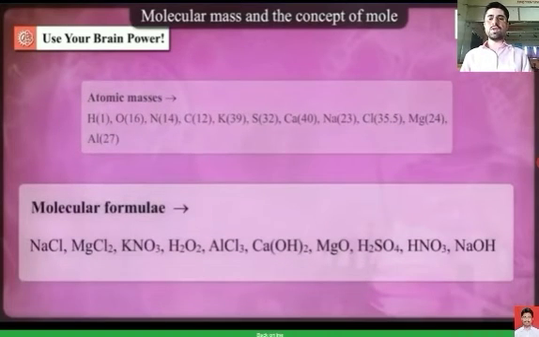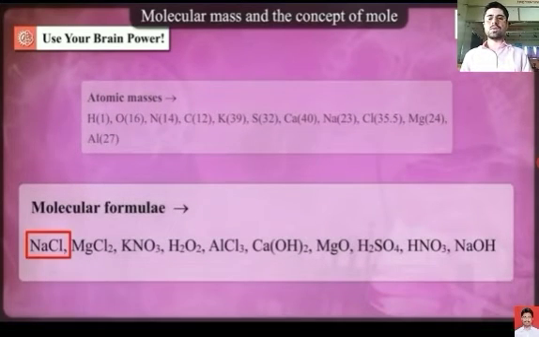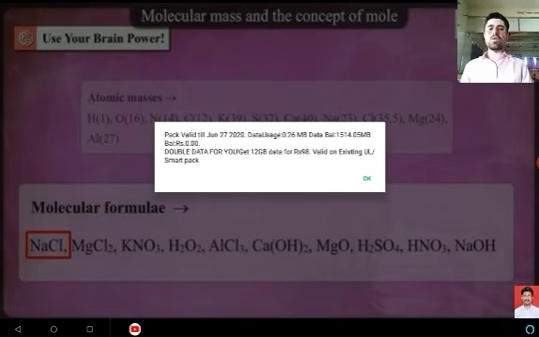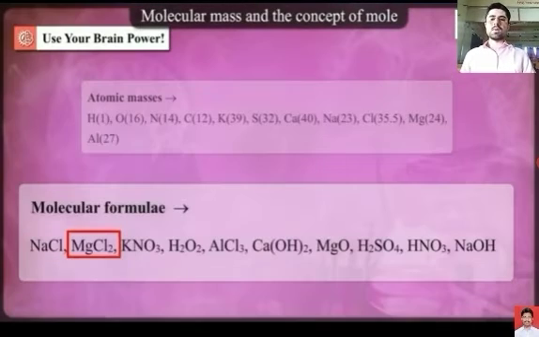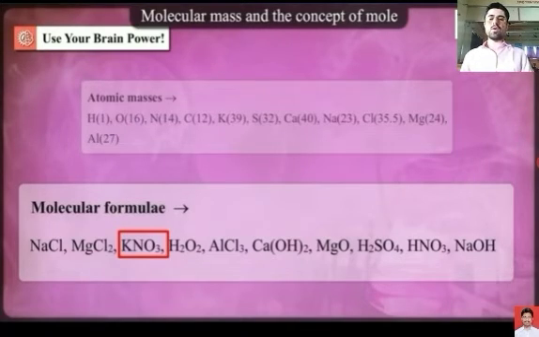Now we are going to see some compounds along with their molecular formulas. The molecular formula of common salt is NaCl. The molecular formula for magnesium chloride is MgCl2, and so on.